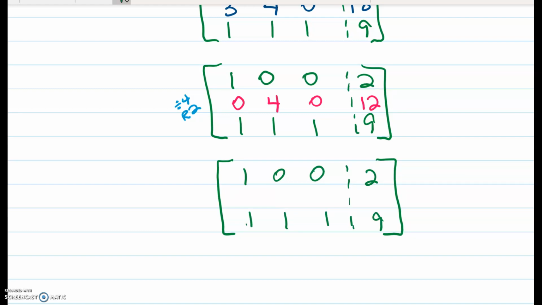And the bottom row, 1, 1, 1, 9. That's not changing. What's changing is my second row. Now I've got 0, 1, 0, 3, because I'm dividing all of those numbers by 4. Okay, and at this point, I know that y is equal to 3.